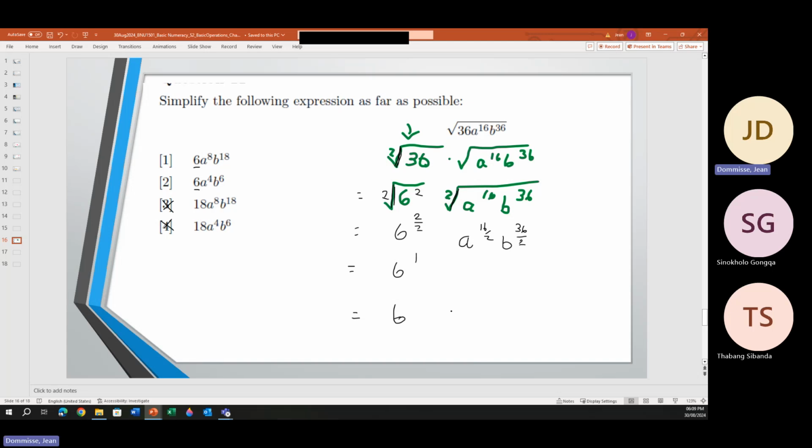So A 16 divided by 2 gives me A to the power of 8. And then 36 divided by 2 will give me B to the power of 18. And that will then have been option 1.